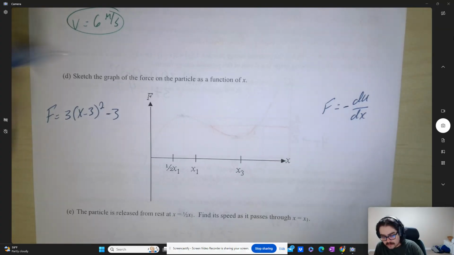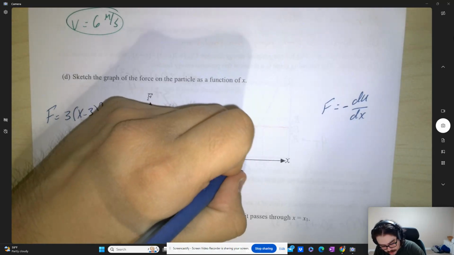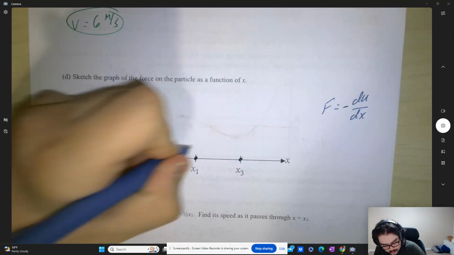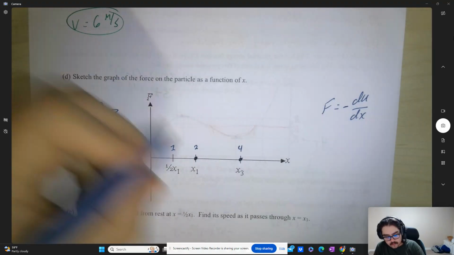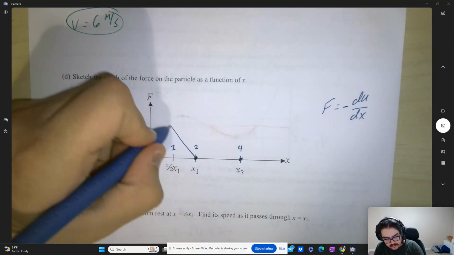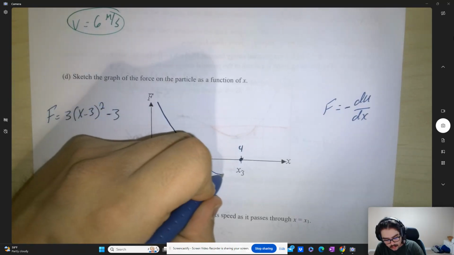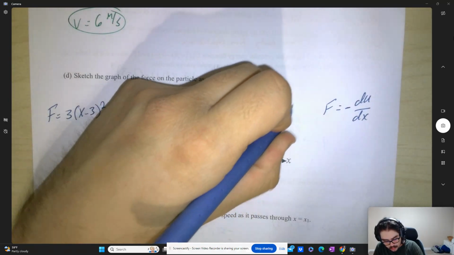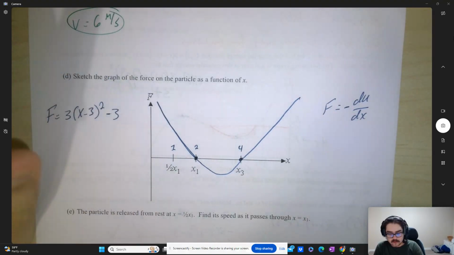So what it should look like is that these are points where it should cross. Here it is at 1, this is at 2, this is at 4. What it should look like is kind of like this, something to the extent of a parabola that opens upward.